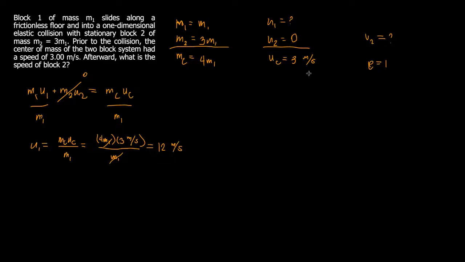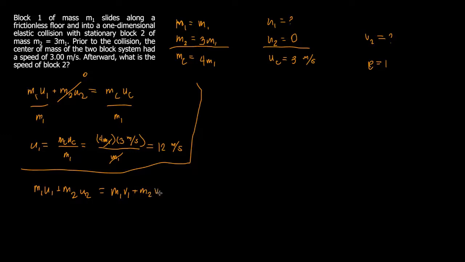Now let's find v sub 2. Again, conservation of momentum: m sub 1 u sub 1 plus m sub 2 u sub 2 equals m sub 1 v sub 1 plus m sub 2 v sub 2.